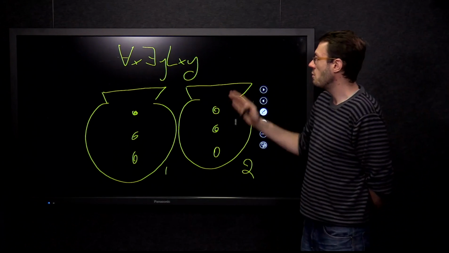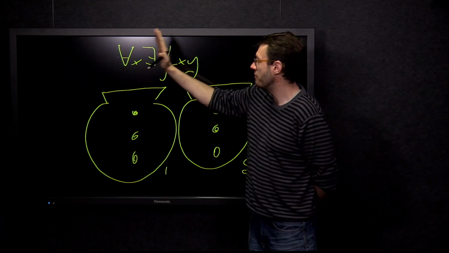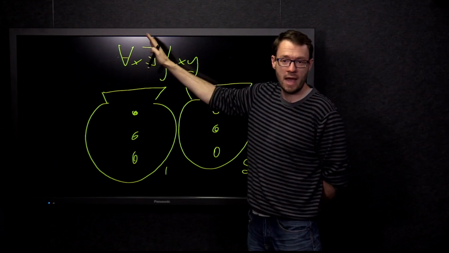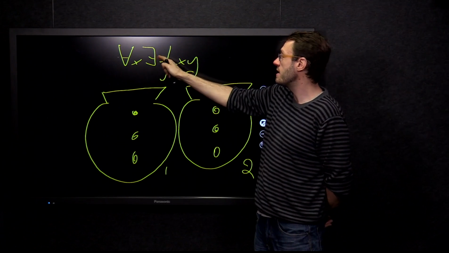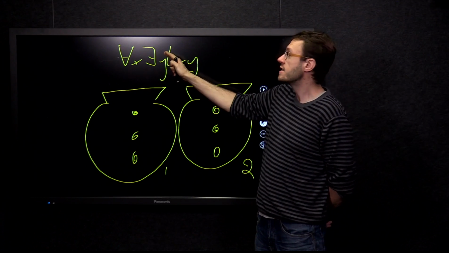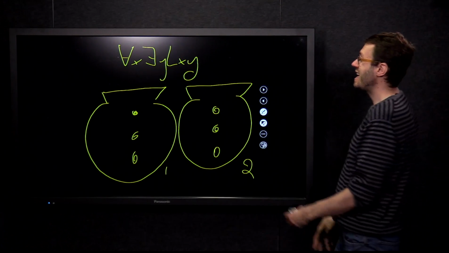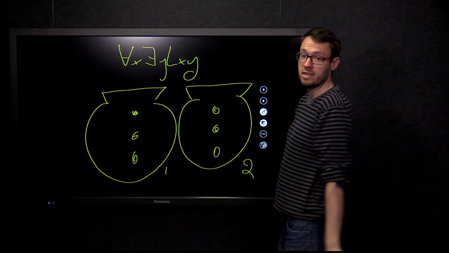And now we're going to try and work out what this sentence says. What it says is that for everything I pick the first time, in other words, no matter what I pick the first time, there's something that I can pick the second time such that the first thing loves that second thing. In other words, everything loves something is what this sentence says.